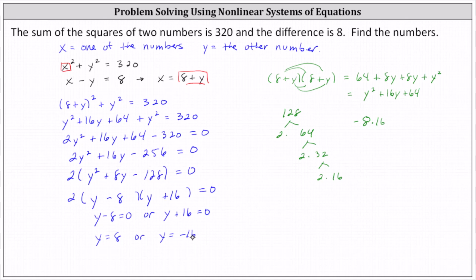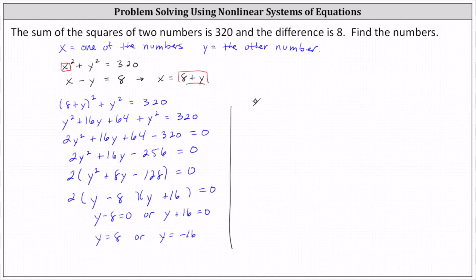To do this, let's use the equation x equals 8 plus y. Let's begin with y equals 8. When y is equal to 8, notice x is equal to 8 plus 8, which is equal to 16. So one solution is x equals 16 and y equals 8, which as an ordered pair would be 16 comma 8.